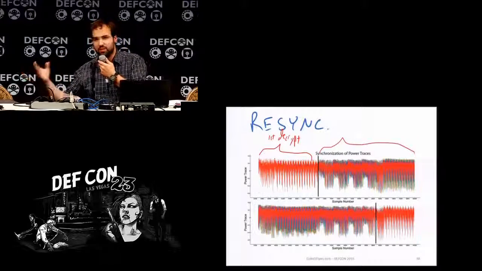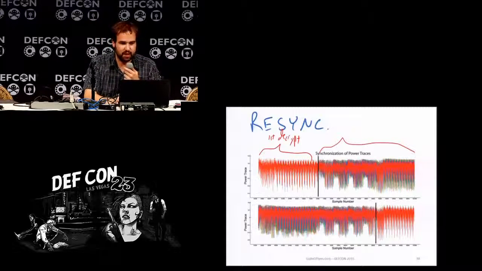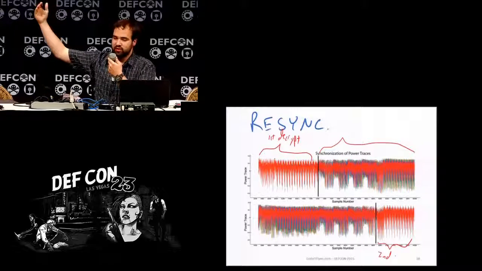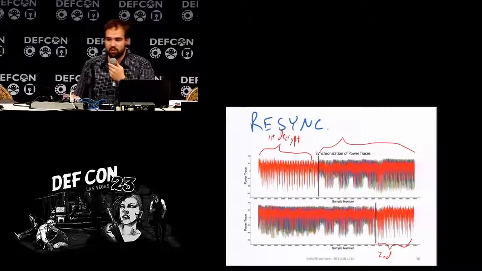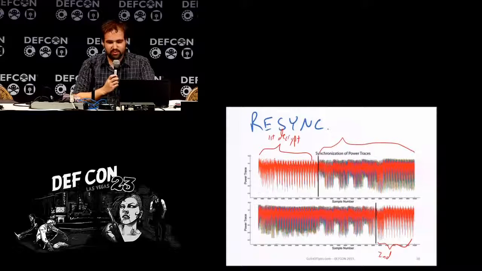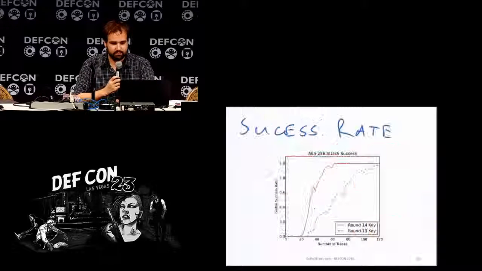They actually shouldn't be time-dependent, but they screwed up in a few ways here. So we just resynchronized. This is the second round, and it's the same traces as the previous one. I've just resynchronized it to help with the alignment. So it's not a big deal to do this attack on a real device.